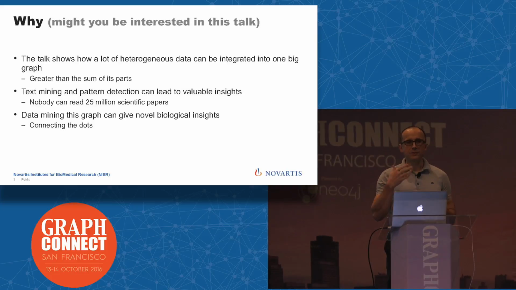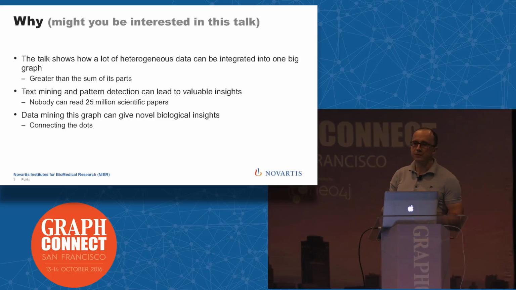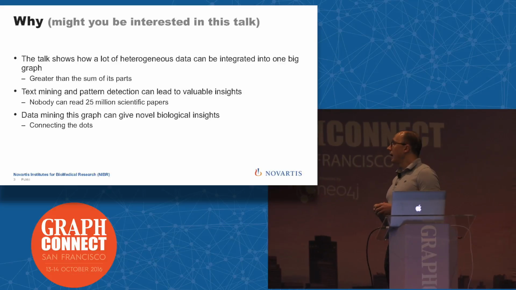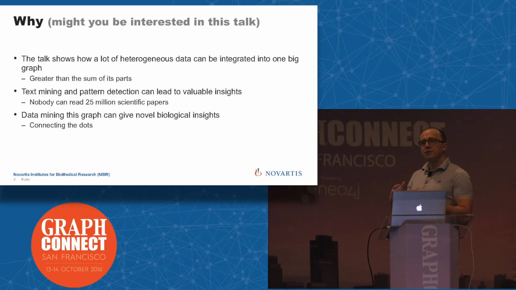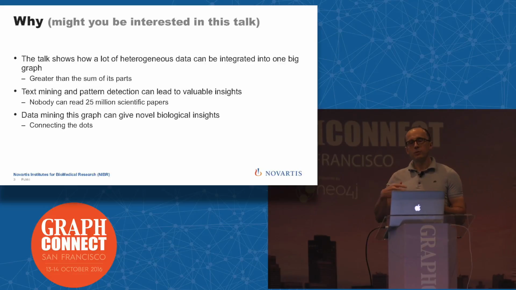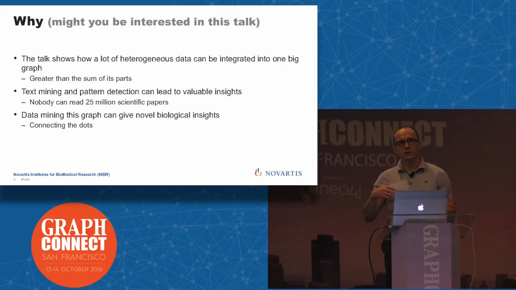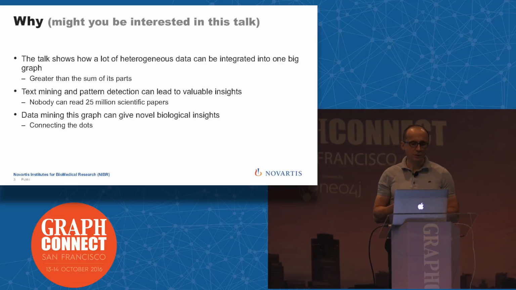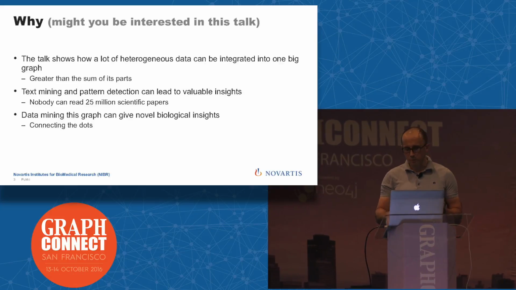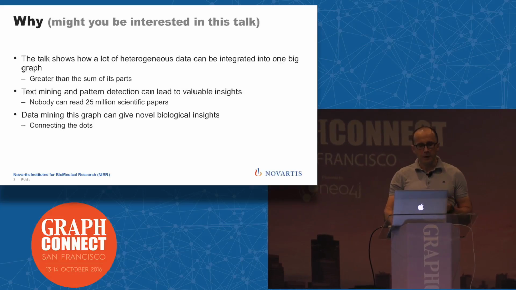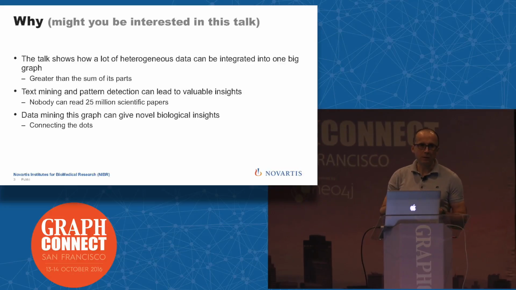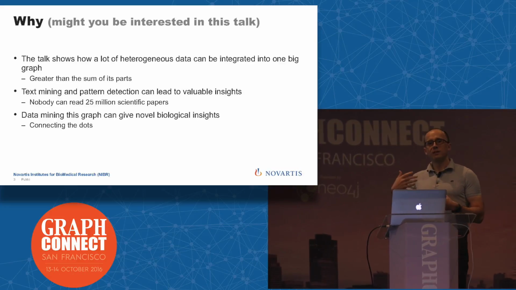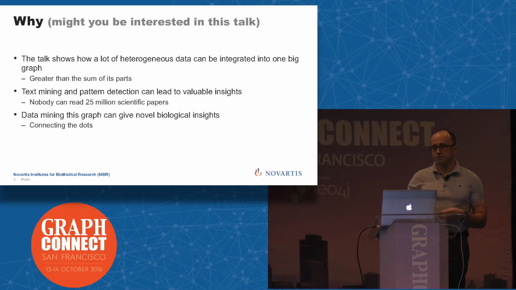Some of the data that we're putting into this graph is coming from text mining, and we're doing this a little bit different in terms of what we extract from the text and how we do the pattern detection there. I'm going to talk a little bit about that, and then I'm also going to have examples of how this then actually can be used.